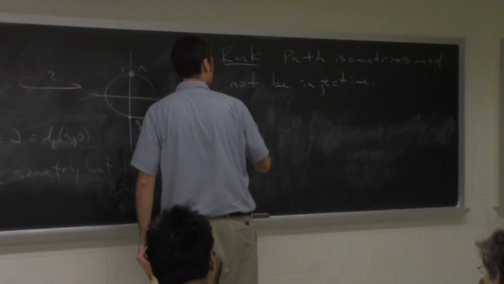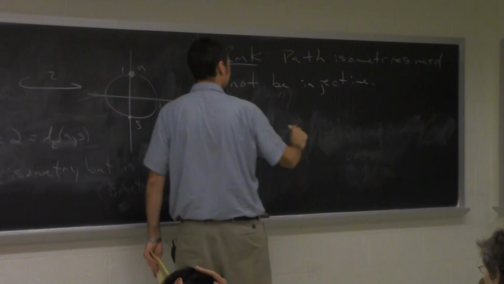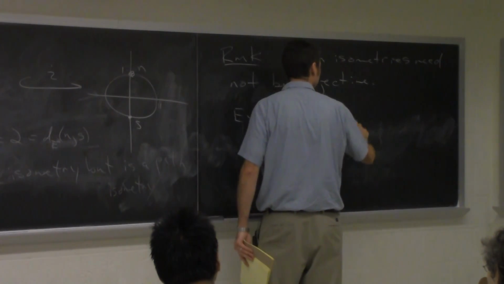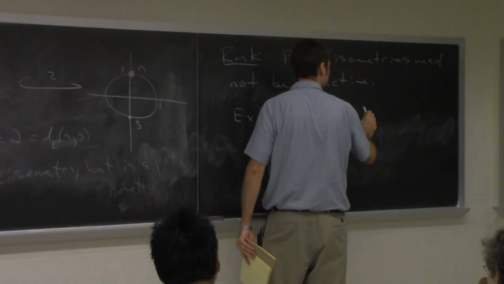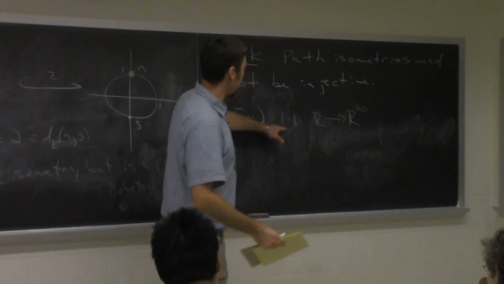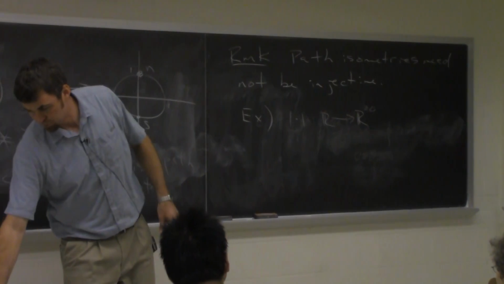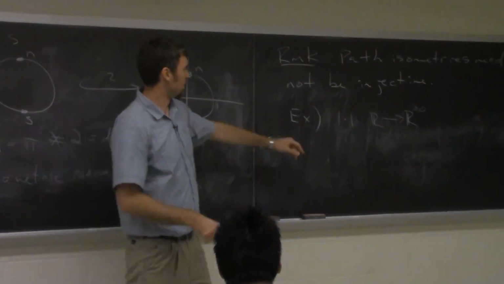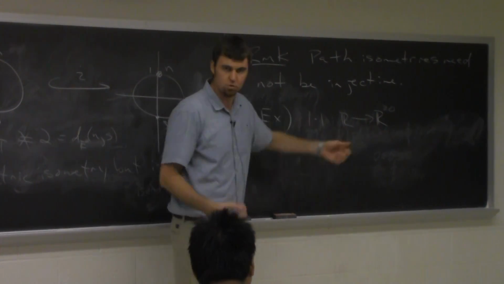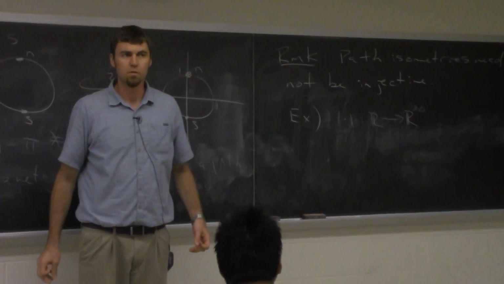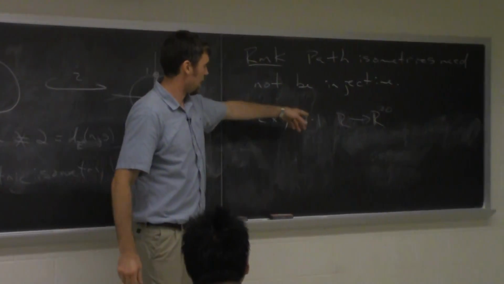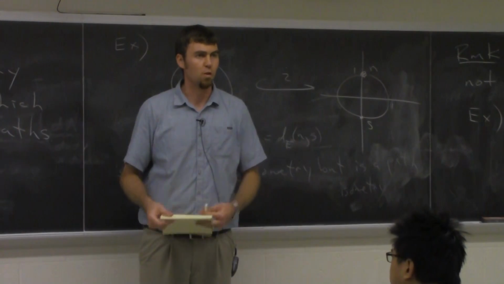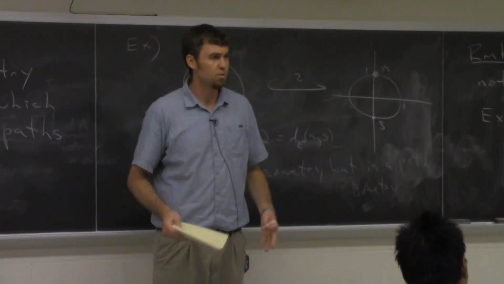A simple example is the absolute value function, which goes from R to R greater than or equal to 0. That preserves the lengths of paths. You just take a half bend on the top, so any path that went into the negatives still has the same length; you just mapped it over. Does that make sense? In general, any reflection through a hyperplane in Rn is a path isometry, and not injective, as is any composition of those.